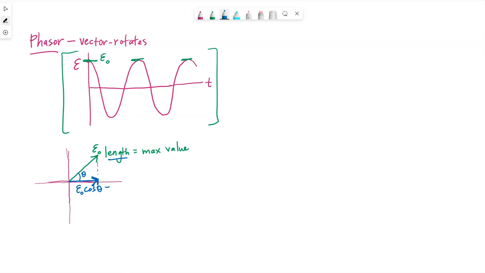We say this because we're describing the instantaneous EMF by a cosine function, cosine omega t, and omega t is an angle.